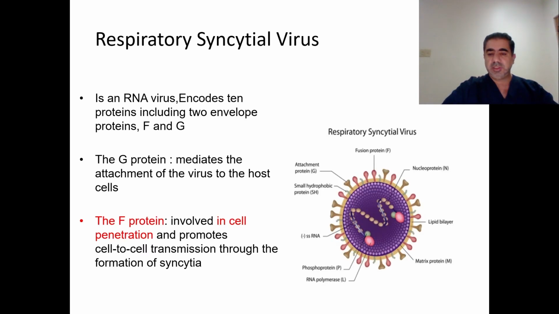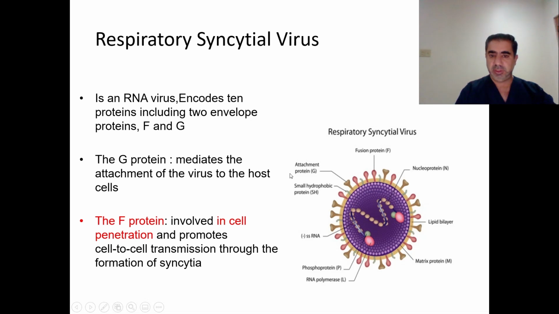So talking about the RSV in detail, RSV is an RNA virus, encodes 10 proteins, including 2 envelope proteins, the F and G. As you can see, the F, or fusion protein, and the attachment protein, G, these are the 2 important proteins that we need to remember.